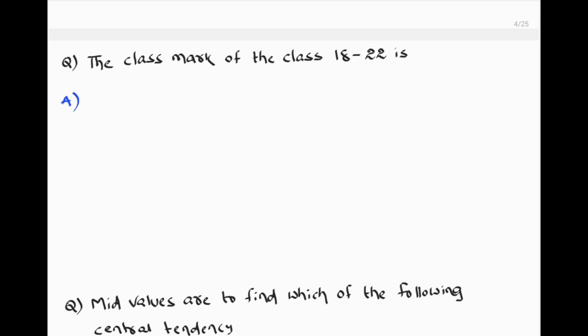In the problem we have the class interval 18 to 22. We have to find the class mark. Class mark means mid value. What is the middle value formula? Sum of lower boundary and upper boundary, or lower limit and upper limit, by 2. So 18 plus 22 by 2, the average of these two.